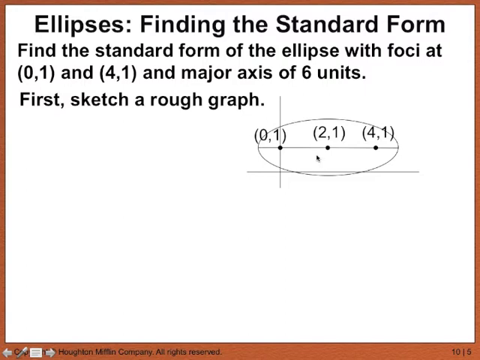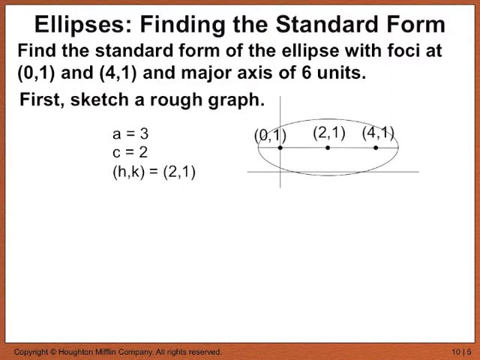And that's simply because c, which is the distance from center to focus, is the same whether we're talking about the left focus or the right focus. And if you have the same distance on either side of a point, then that point is halfway between the two endpoints. All right, so this is our center.